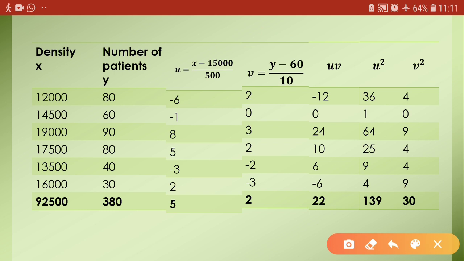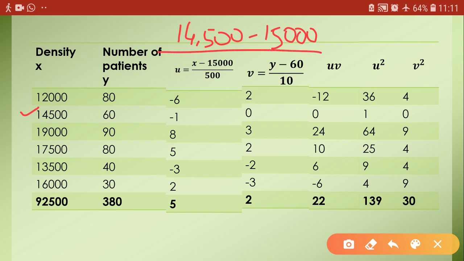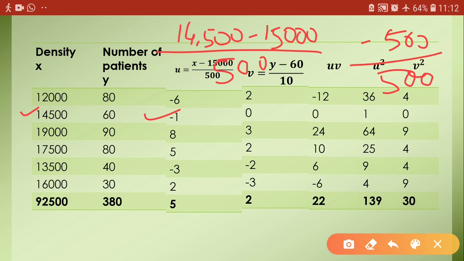Let's take another, this one, 14,500. 14,500 minus 15,000 upon 500. So it's basically minus 500 upon 500, it's minus 1.